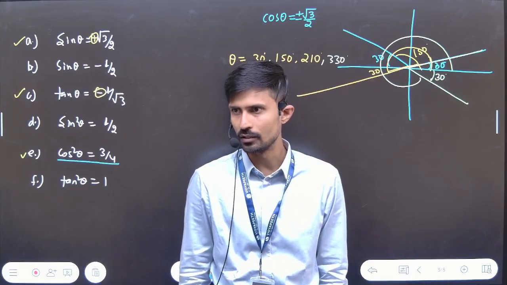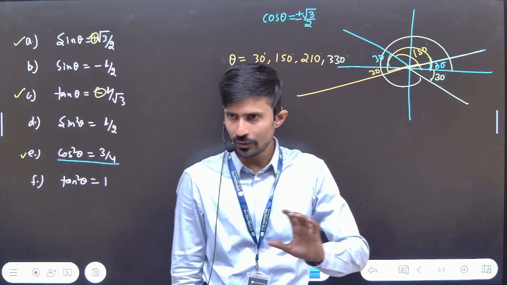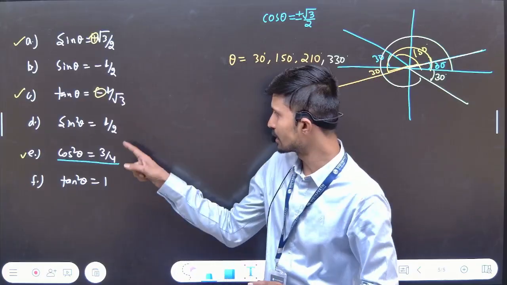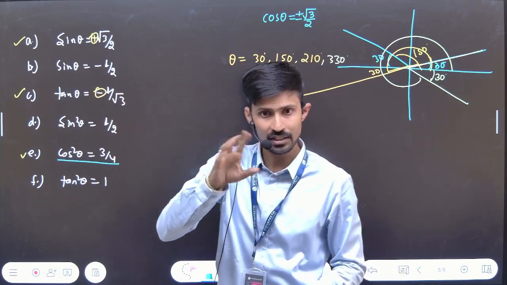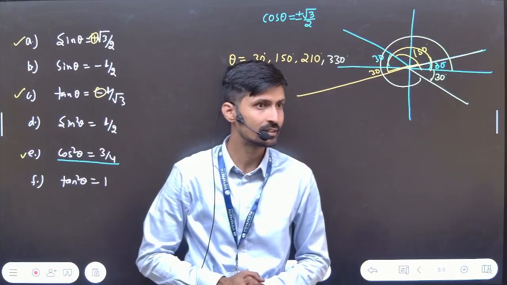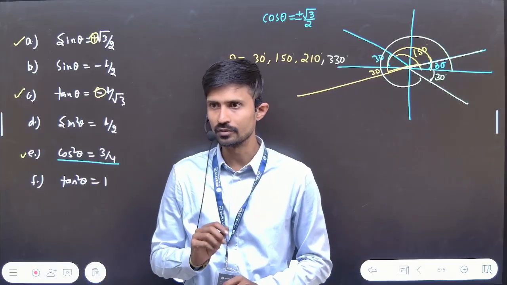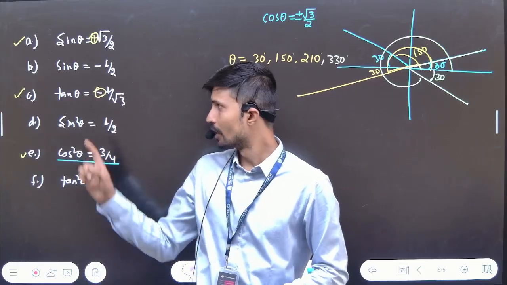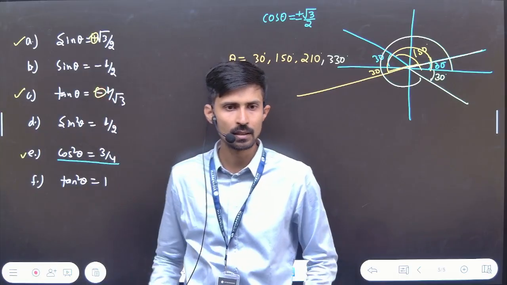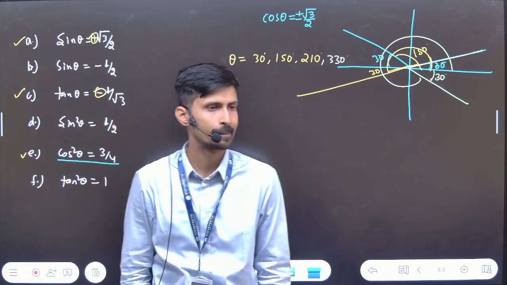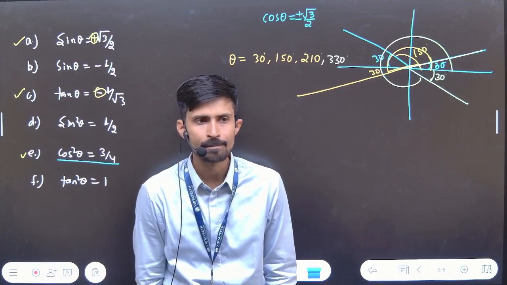You can go for the angle also. For the second quadrant, first find for positive. Suppose I am asking here tan theta is equal to minus 1 by root 3. In which quadrants is tan negative? Second and fourth. Always remember, second and fourth. Now, remove the minus. Tan theta is equal to 1 by root 3. What will be theta? Tell me. 30 degree.